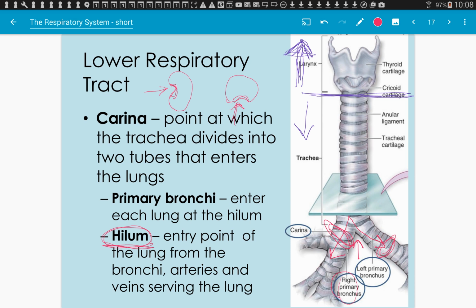And you also have a hilum in the respiratory system. The hilum you find within each lobe of the lung is where the bronchi and the vessels enter each lobe. So each lobe has a hilum involved.